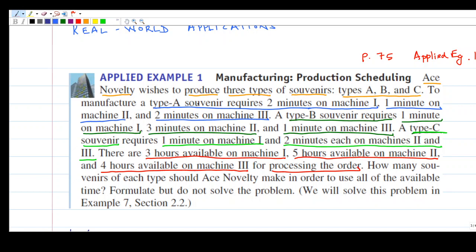And the question is, how many souvenirs of each type should Ace Novelty make in order to use all the available time?